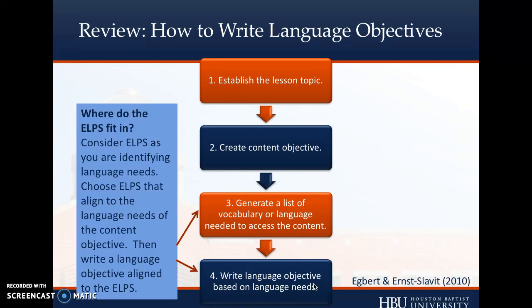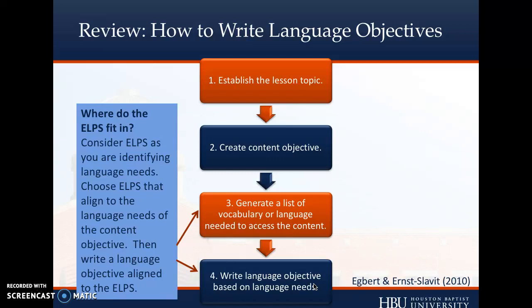So where do the ELPs fit in? The ELPs fit in between steps 3 and 4. So when you have generated your list of vocabulary or figured out what language structures or functions that students need to understand or know or use to be able to participate in the lesson and understand the lesson, then from there, depending on what you choose, you're going to go to ELPs that relate to those specific vocabulary or functions, locate an ELPs expectation statement, and then use that to write your language objective.